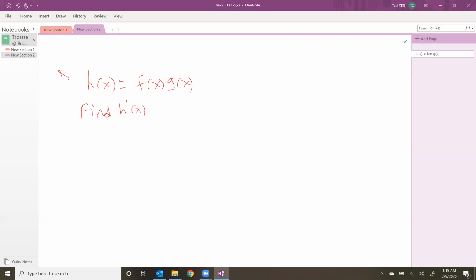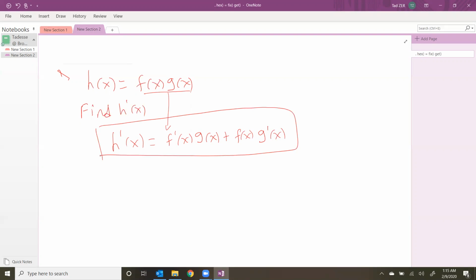The product rule says the derivative of the product will be the derivative of the first function, f, times g, plus f times the derivative of g. That is what we call the product rule.